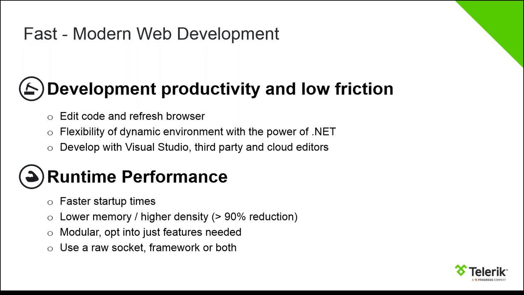So what happens with this is you can pretty much develop with Visual Studio or third-party editors, or there is even a cloud editor codenamed Monaco. That means you can just go on the cloud, get an editor, change something, and that's it. How is this possible? This is possible because from ASP.NET 5 onwards, there will be an in-memory compilation that the .NET runtime will do.